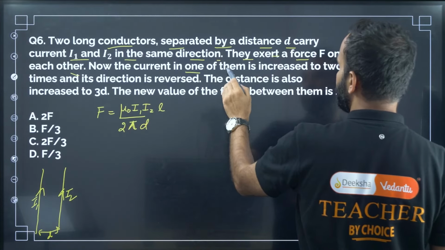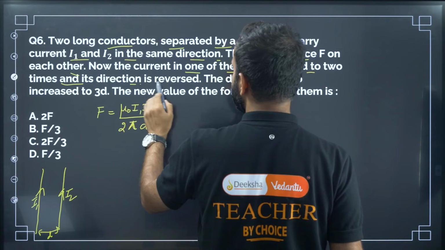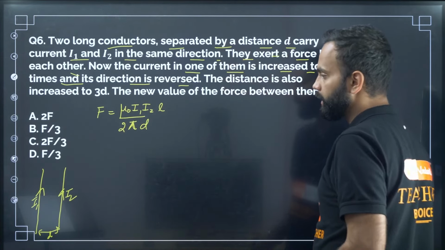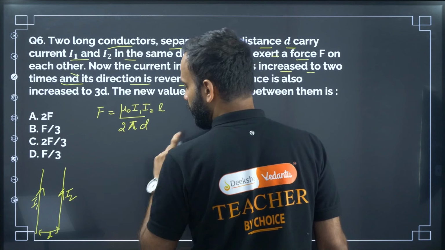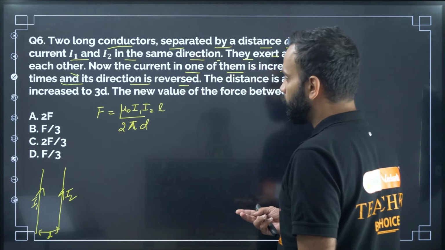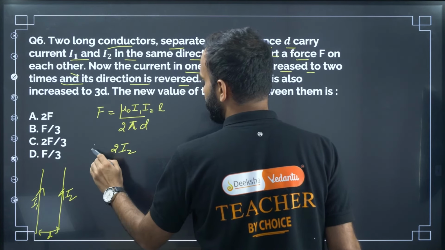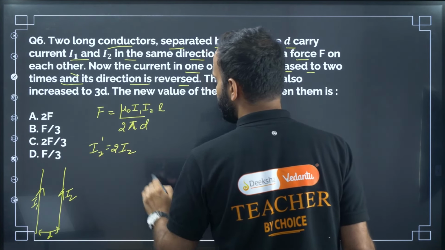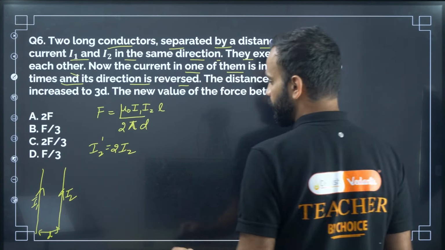Now the current in one of them is increased to 2 times and its direction is reversed. Let's say here I2 is increased to 2 times. So I2 dash is equal to 2I2, and the distance is increased to 3.